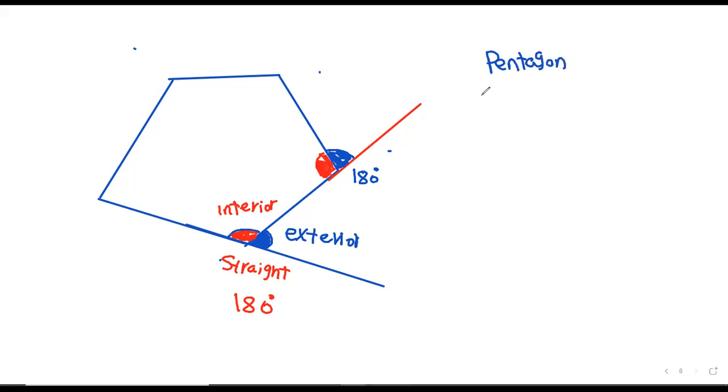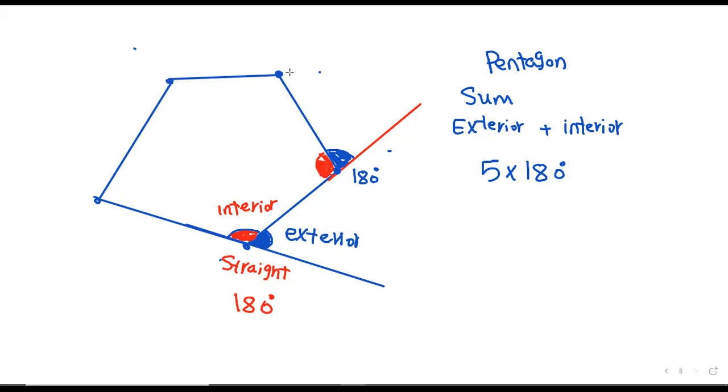I'm talking about the sum of exterior angles and interior angles. When adding all exterior angles and all interior angles, it will be 5 multiplied by 180. Why 5? Because I have 5 vertices: 1, 2, 3, 4, 5.